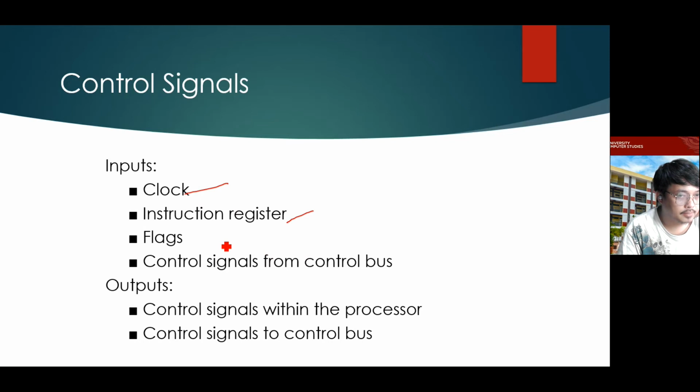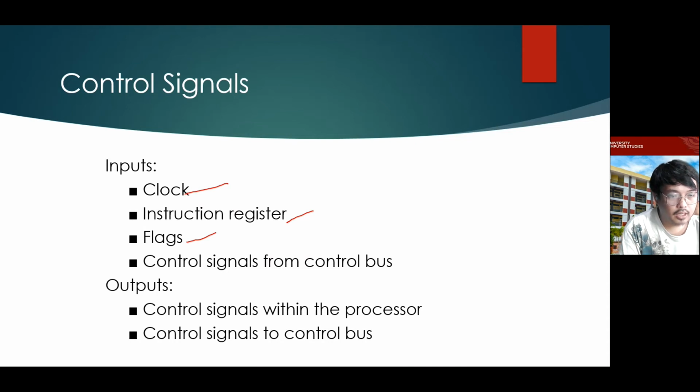For the flags, these are needed by the control unit to determine the status of the processor and the outcome of previous ALU operations. For example, the increment of the MBR with the skip-if-zero instruction needs the zero flag.